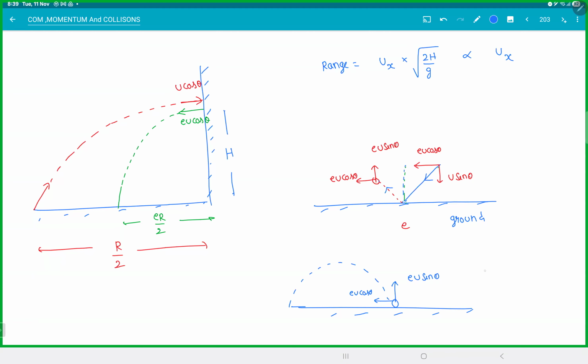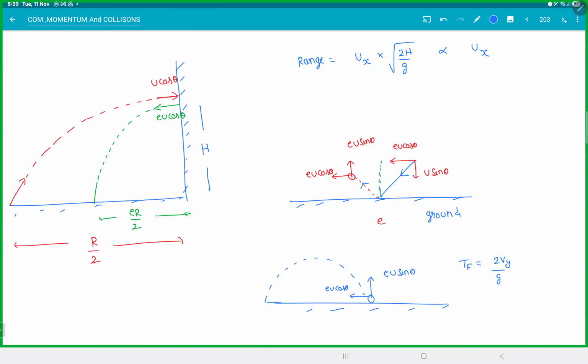So the time of flight will be 2 v vertical by g, which is 2 eu sin theta by g. And what is this new range? Horizontal velocity, which is eu cos theta, into time of flight. If you substitute the value, you will get e squared R.